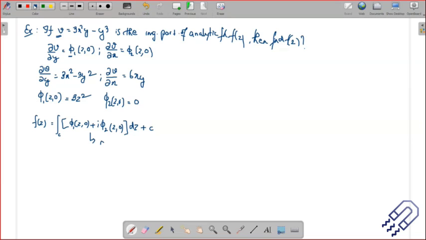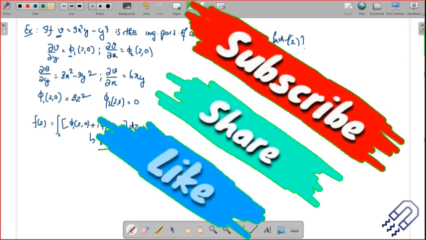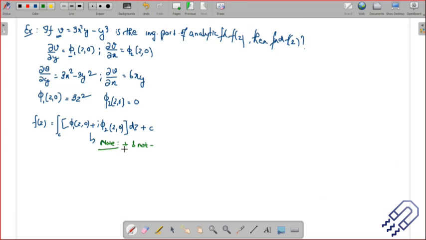Probably I should write down a note here. Plus and not minus. This is important: plus is for v, and minus is when u is given. So if v is given, you use plus; if u is given, you use minus.